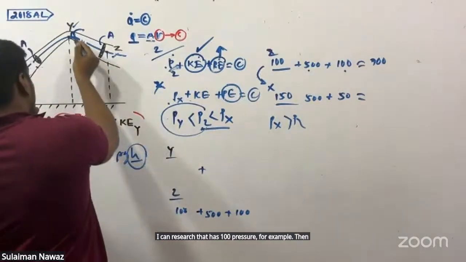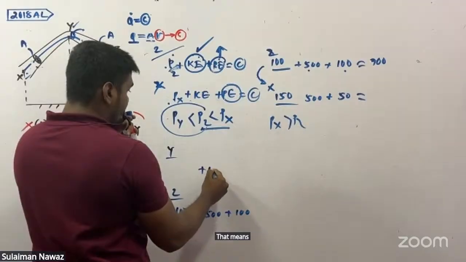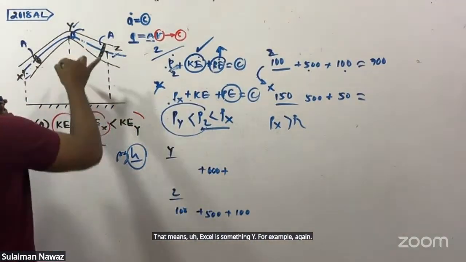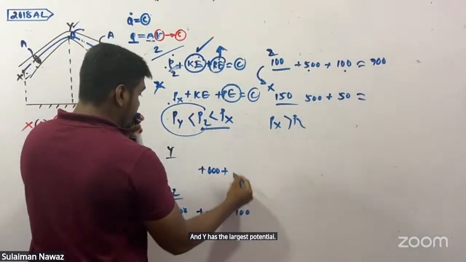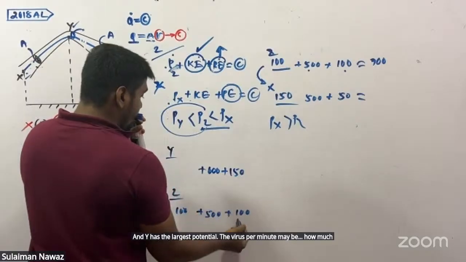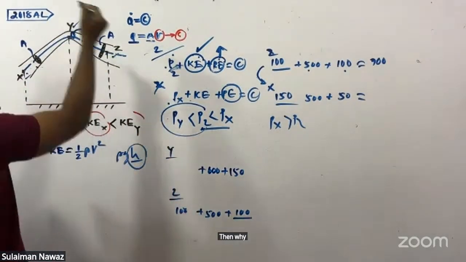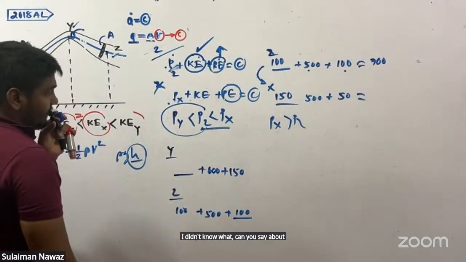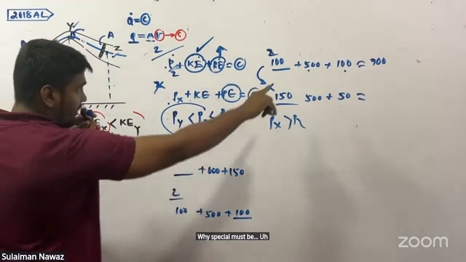Then Y has the largest kinetic energy, that means kinetic energy is 600 something for Y, for example. And Y has the largest potential energy also. The Y potential energy may be how much? 150 something. Because potential energy of Z is 100, Y has the largest potential energy, maybe 150 something. Then what can you say about Y's pressure? Y's total must be 700.